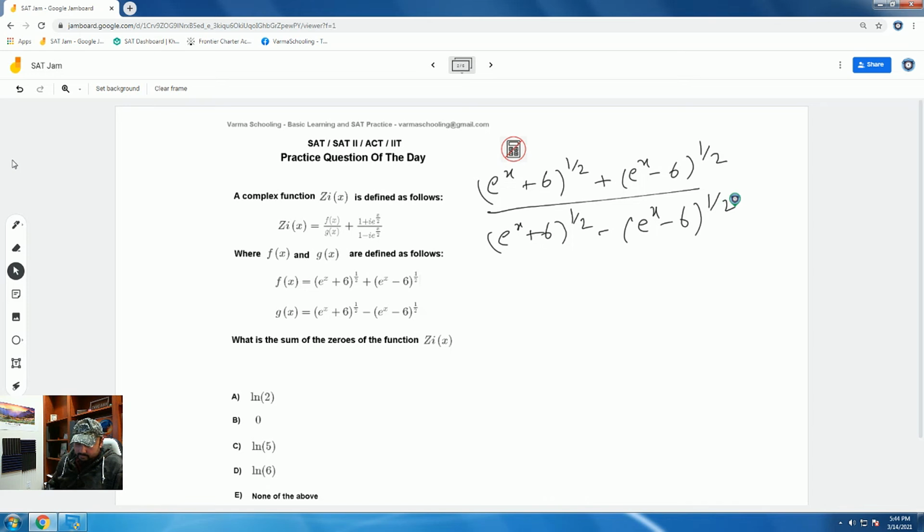Okay, so that's your f(x)/g(x) part. Plus we have this complex subfunction, let's just call it zi. Okay, we're running out of room. So this needs to be equal to 0.